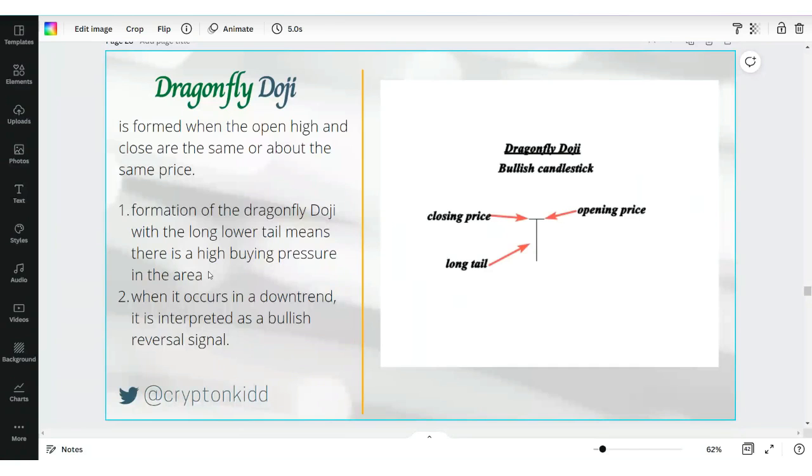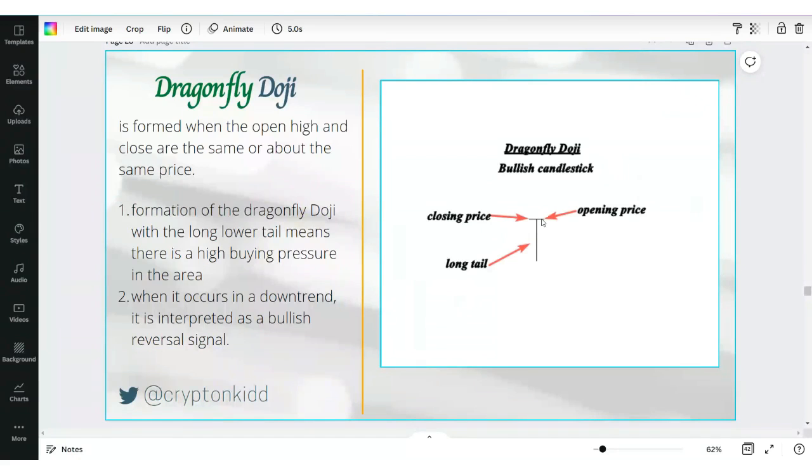The dragonfly doji is formed when the open, high and close are the same. So you have the open price and the close price at about the same level. All right. It means that the price opened right here. This was the opening price.